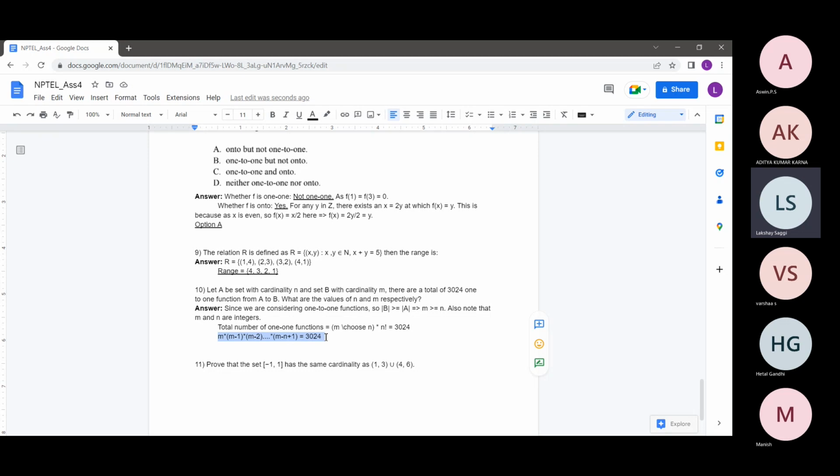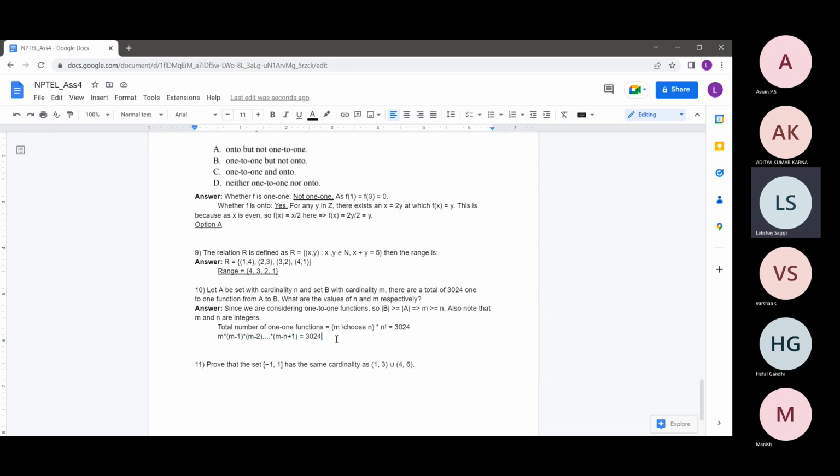Otherwise, if m and n were fractional, then things wouldn't make much sense, because how can we first of all define the total number of one-to-one functions by m choose n and stuff like that. So these are integers. So now we have to solve this integral equation, that is, find integral m and n such that this equation holds.